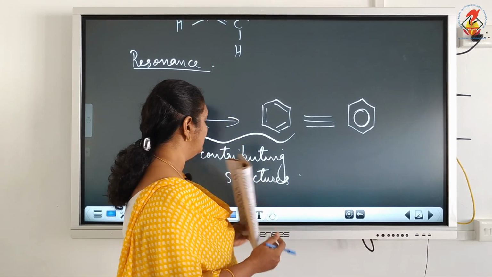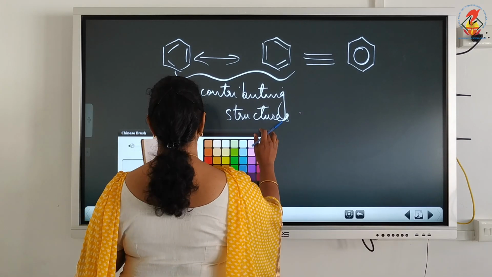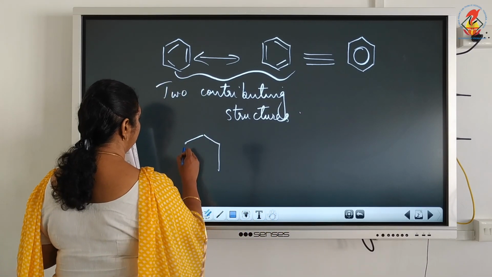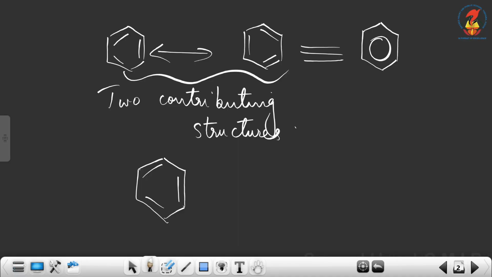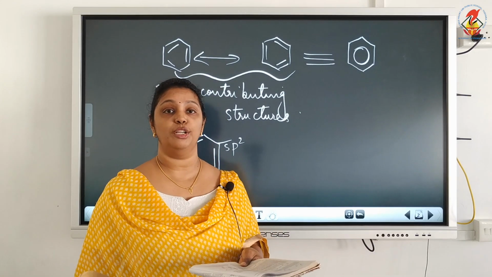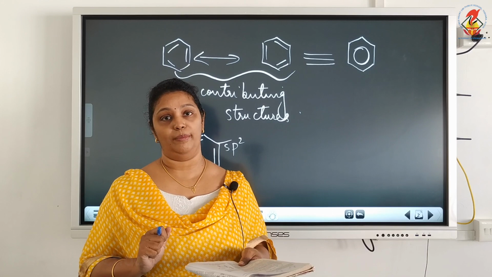And now let's discuss about the hybridization in benzene. We know that in benzene each carbon will undergo sp2 hybridization. So each carbon undergoes sp2 hybridization means each carbon has 3 sp2 hybrid orbitals.